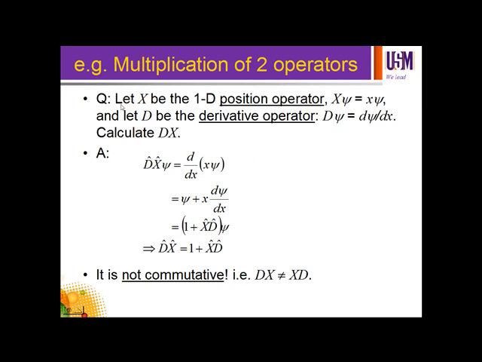This is an example of multiplication of two operators. Okay, question: let operator X. There must be a hat there, but somehow outside of the equation editor, I could not get the symbol of a hat on top of an operator. So you can see here that all the operators have no hat except for the answer here. You have the hat because the answer is written using the mathematical equation editor. Let operator X be the one-dimensional position operator.